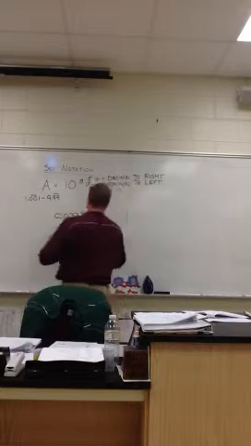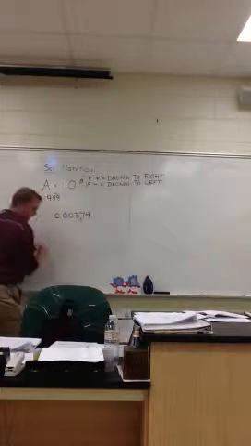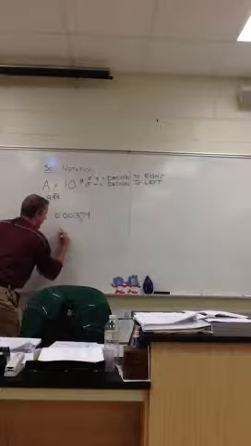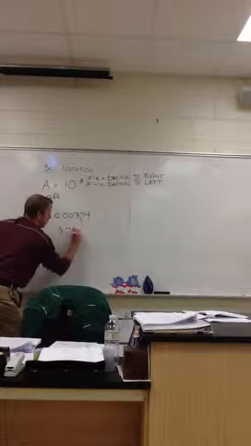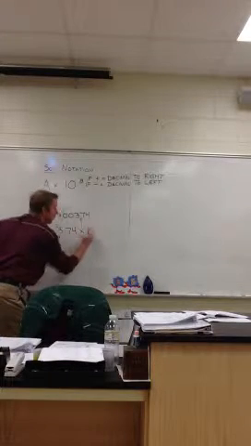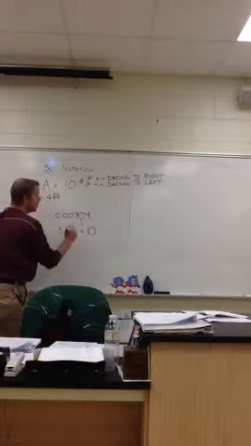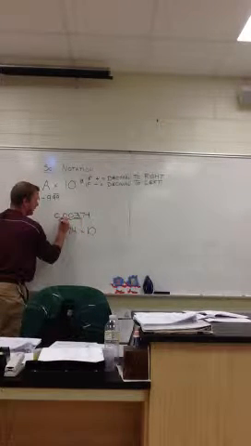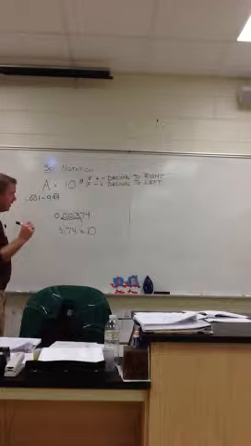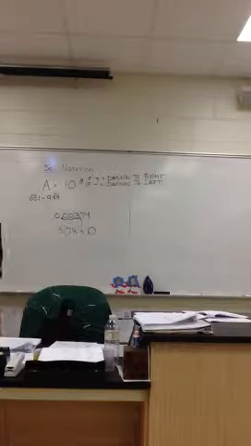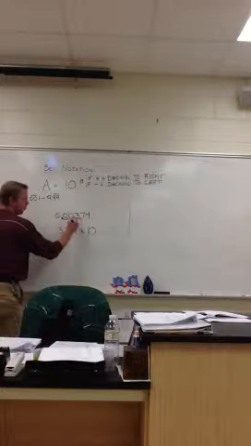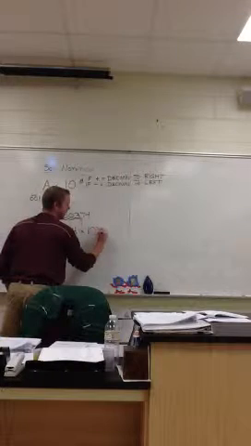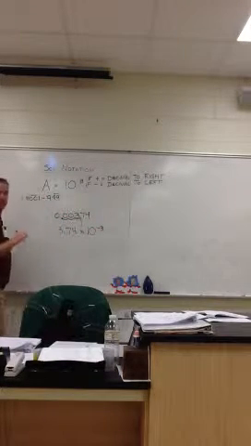So here is the answer: 3.74 times 10. That is always going to be the times 10 part. You moved it to the left. How many places did we move the decimal? 1, 2, 3. So therefore, 3.74 times 10 to the negative 3.